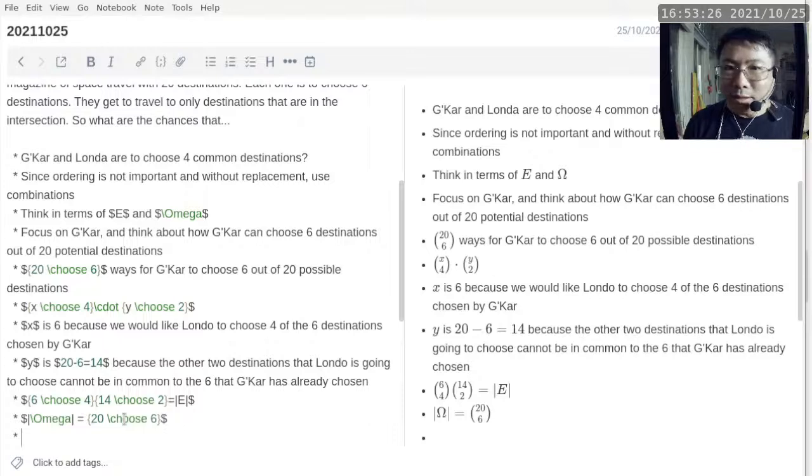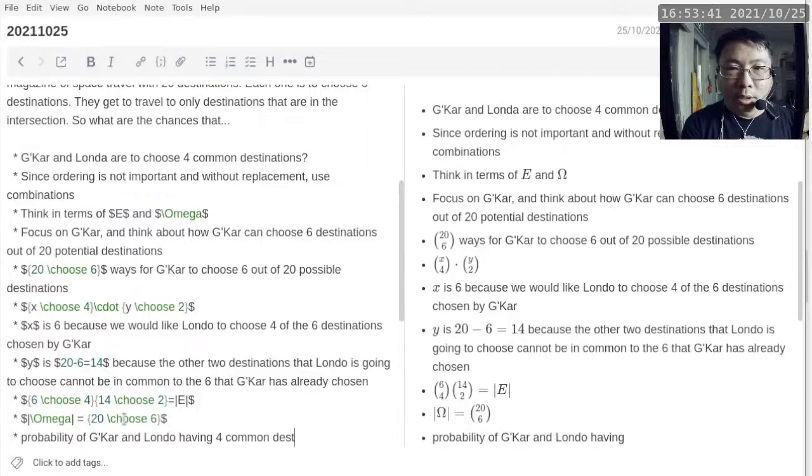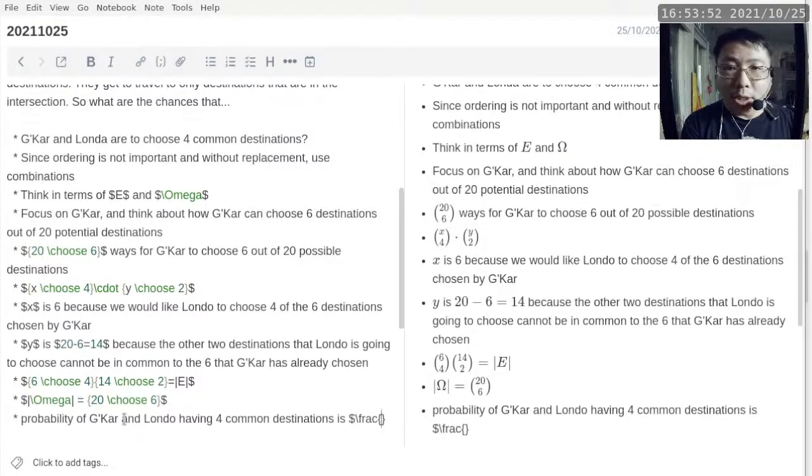So when it comes to the probability, the probability of Jakar and Londo having 4 common destinations is really just the ratio. In this case, it would just be a fraction with the numerator being the product of 6 choose 4 and then 14 choose 2.